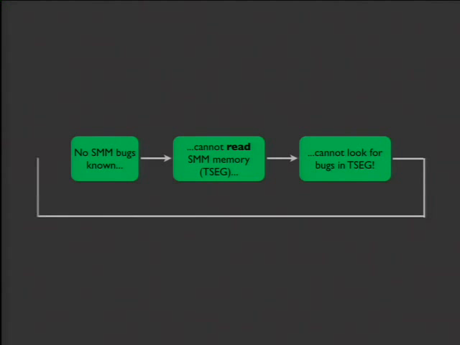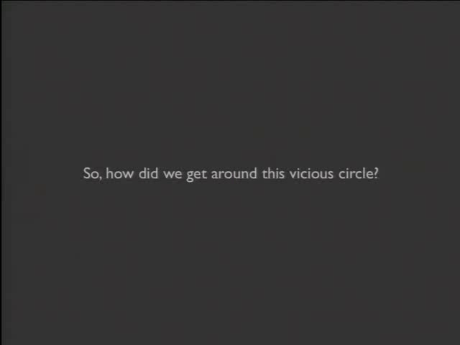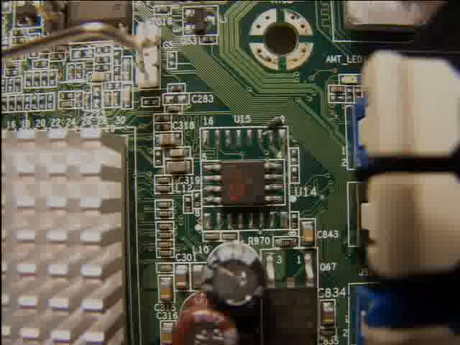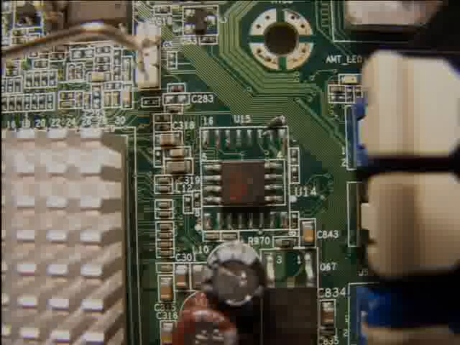So how did we get around this vicious circle? Did we use soldering? So this is the DQ35JOE Intel motherboard, which was released in quarter 4 2007, which was one of the newest. Now we have Q45, which is the next version of this. So here, between the memory slots and the north bridge and the south bridge, you see the SPI flash, which we desoldered.